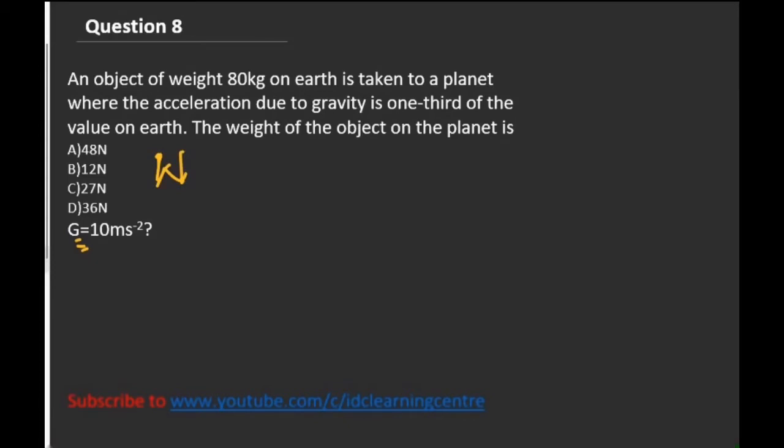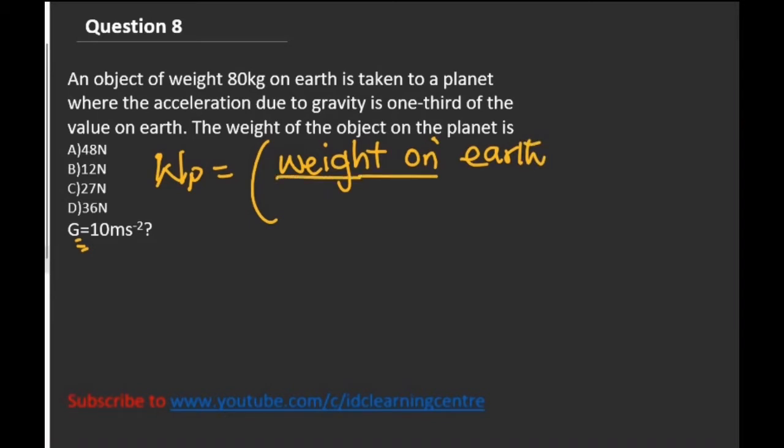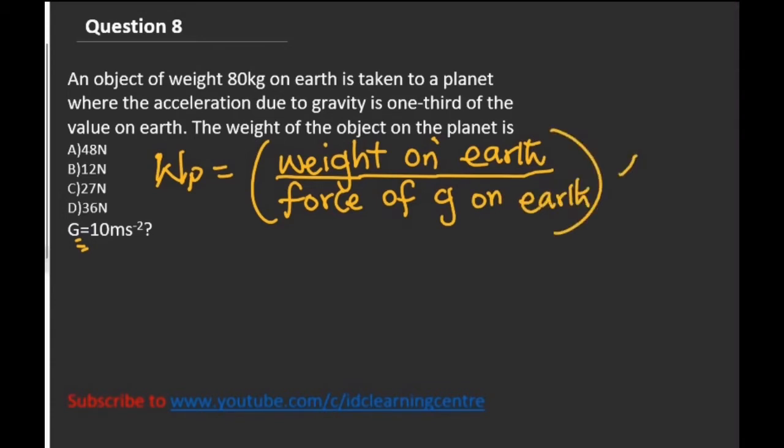So, the weight on the planet, they ask us to find the weight of the object on the planet. Weight of the object on the planet, let it be WB, equals the weight on Earth divided by the force of gravity on Earth, times the force of gravity on the planet.